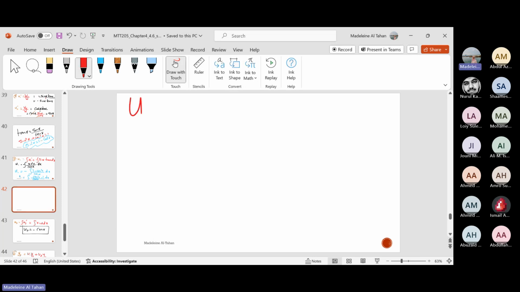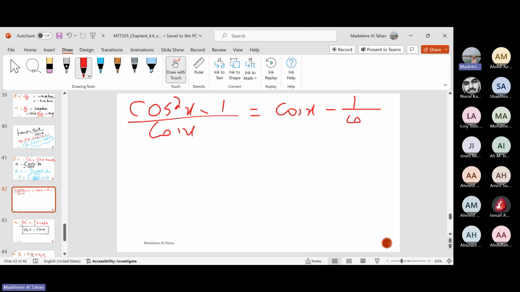So now u1, we have here cosine square x over cosine x. Can we write it as cosine x minus 1 over cosine x, which is cosine x minus secant x?